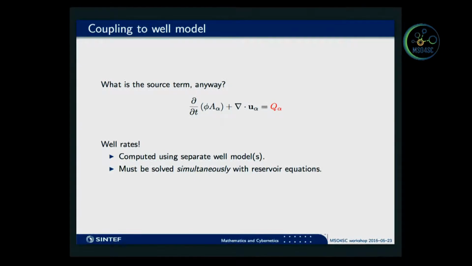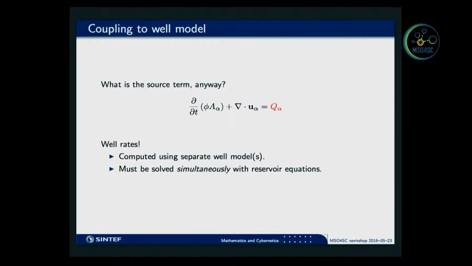And the well models can be quite complicated or they can be quite simple. But usually they have their own unknowns, or at least one unknown, but often more. And they must usually be solved simultaneously with the reservoir equations. So this is another source of complexity.